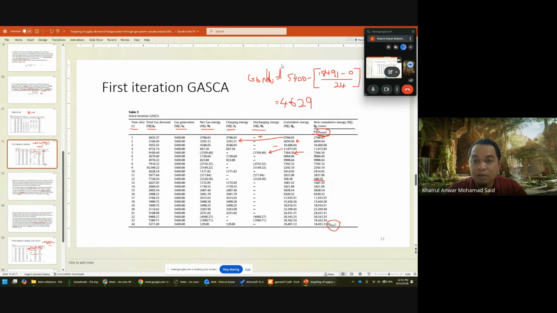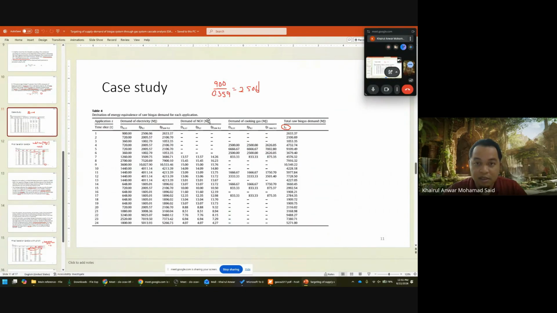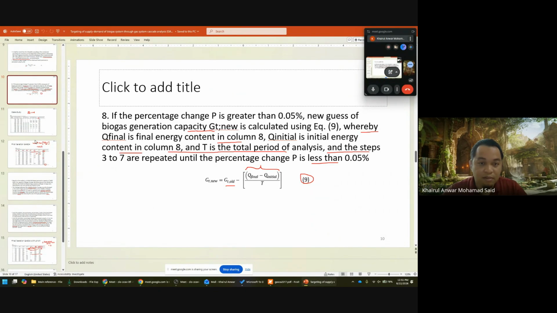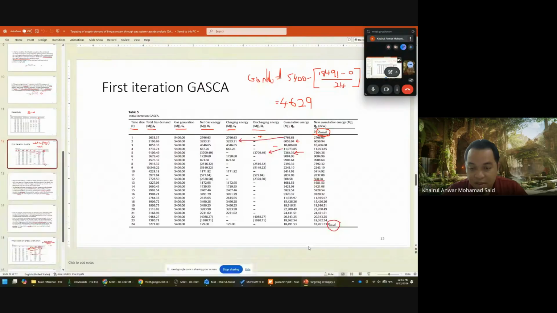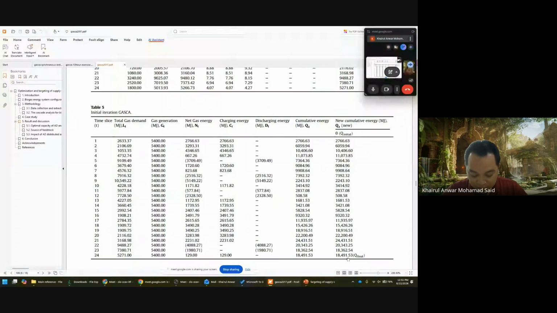So this is how you calculate. So to calculate those, you need to use these two values. So Q final, 18,491 minus initial divided by initial, which is zero. So zero.